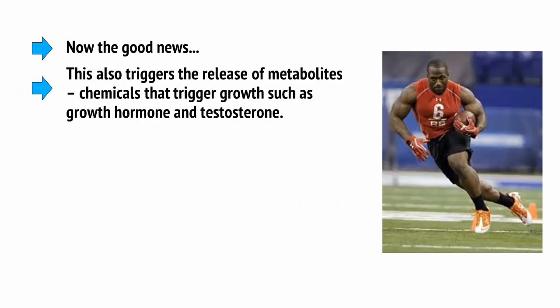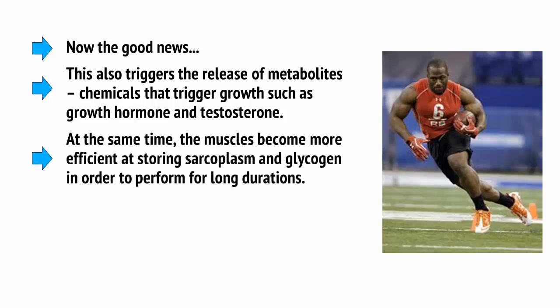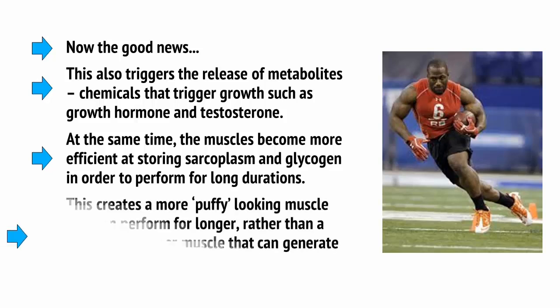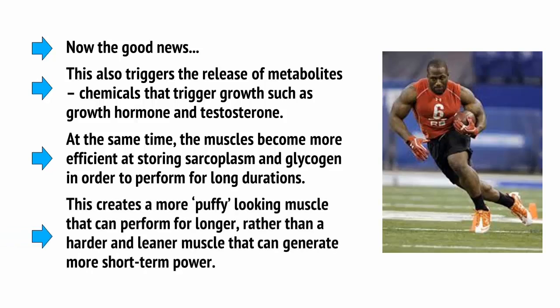Now the good news. This also triggers the release of metabolites, chemicals that trigger growth such as growth hormone and testosterone. At the same time, the muscles become more efficient at storing sarcoplasm and glycogen in order to perform for long durations. This creates a more puffy looking muscle that can perform for longer, rather than a harder, leaner muscle that can generate more short-term power.